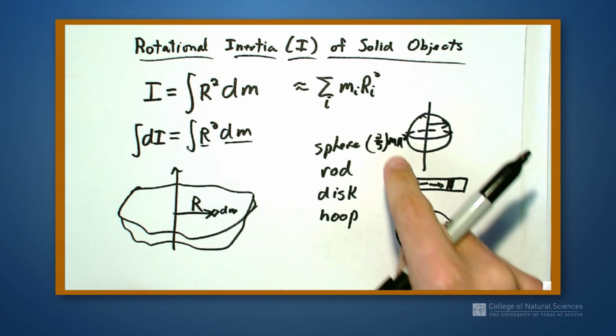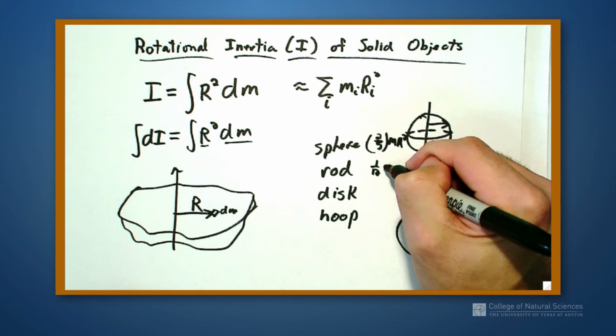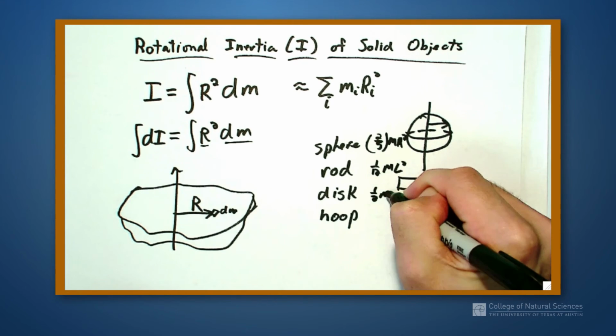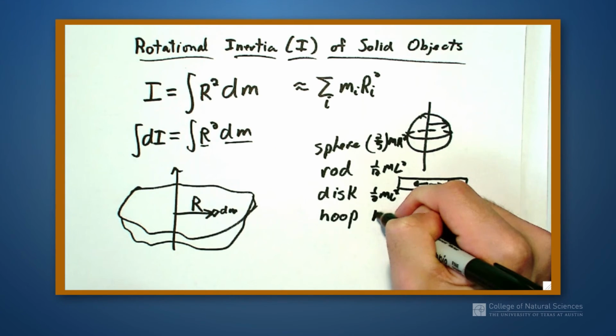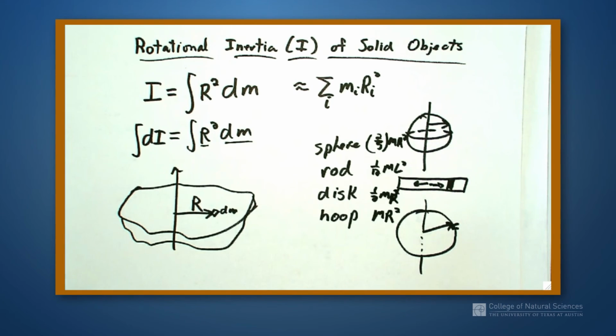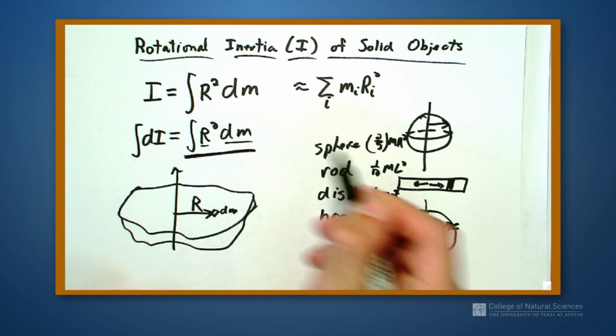Where does that 2/5 come from? Why is it different from the 1/12 ml squared in this case? Or why is the disk 1/2 mr squared and the hoop mr squared? Why do these shapes show up? Well, it's coming from completing this integral.